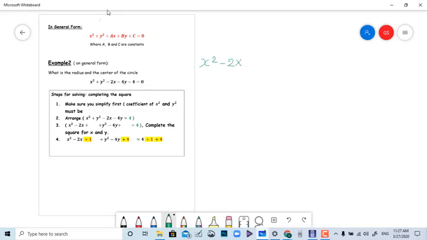And then I'm going to put my y squared, and what's concerned with the y, which is negative 4y. And I'm going to put the -4, which is the constant, after the equal sign. It will move to after the equal sign as +4.